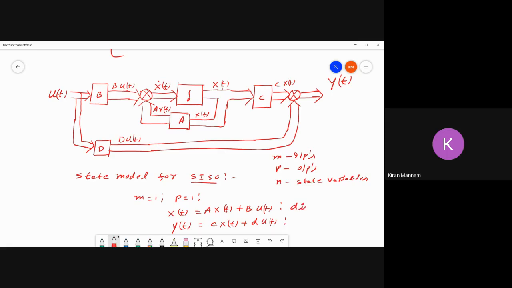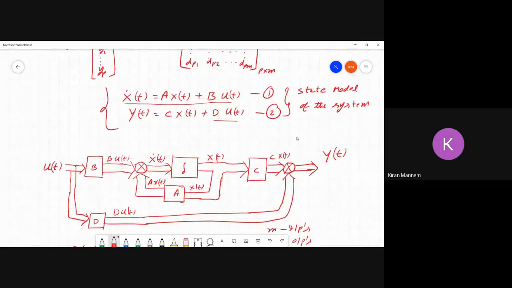D is a constant, and B and C are n by 1 and 1 by n matrices. So there is no change in the state variables. If you want, you can see those matrices here.